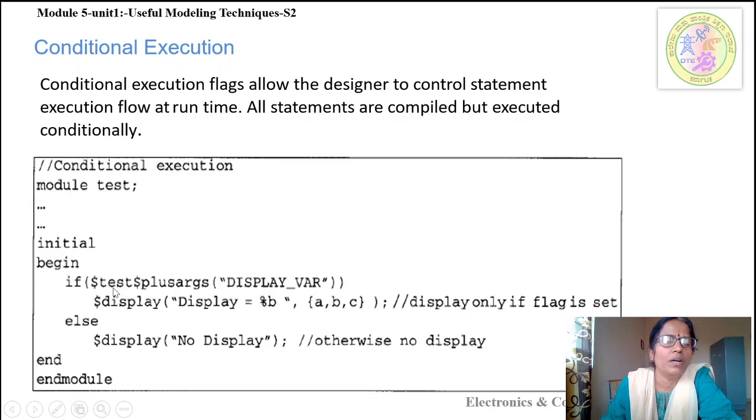This is one keyword, not a system task we are using, and $display of ABC, the concatenation of ABC, is displayed if the flag is set. If the flag is not set, else $display no, otherwise no display.